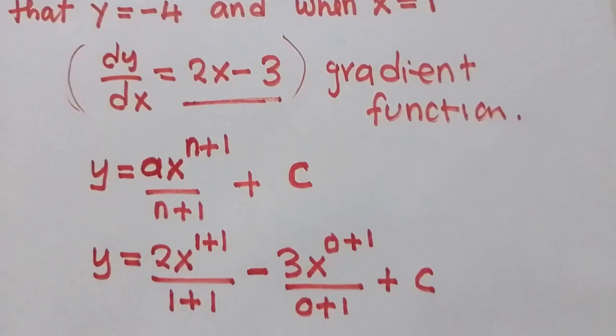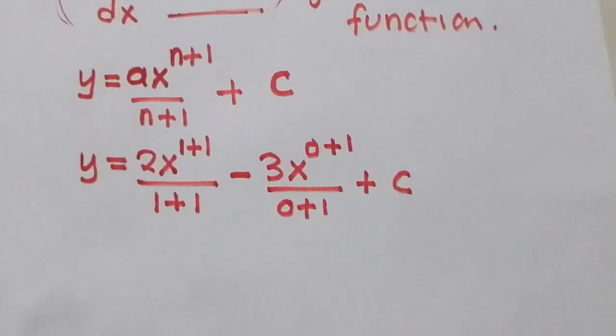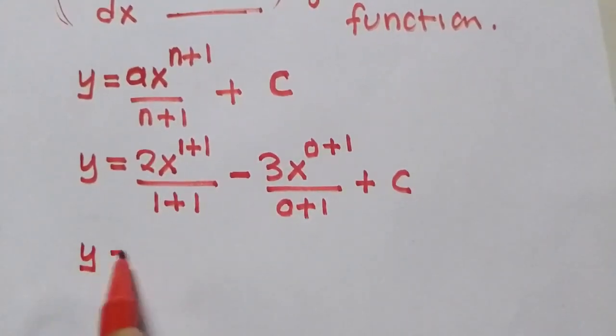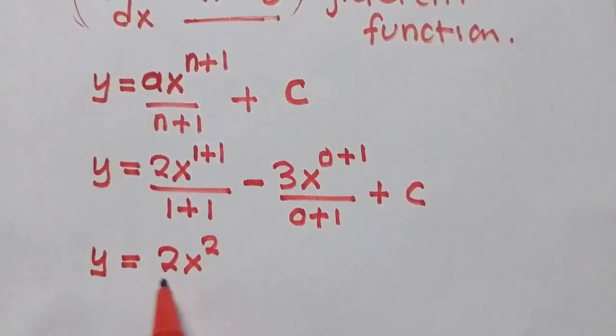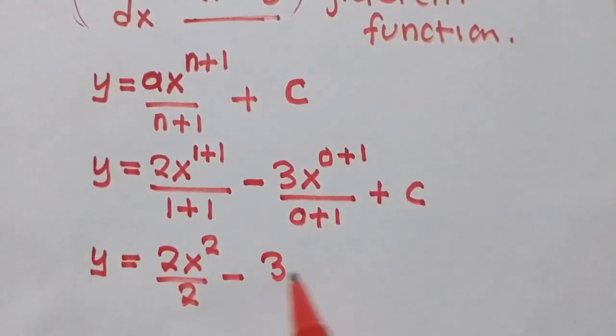After reaching here, the next thing I need to do is say y is equal to 2x squared over 2 minus 3x to the power 1 over 1 plus c.